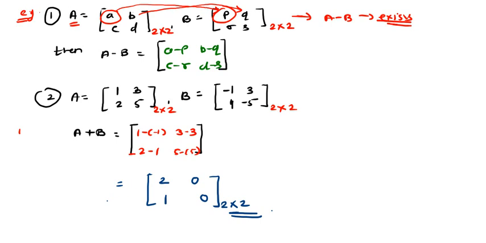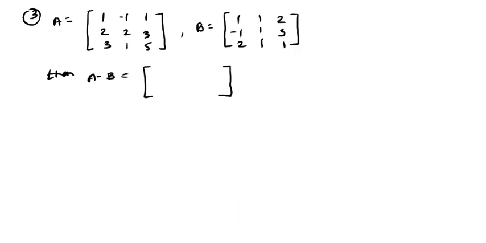Okay, now we will see the next example. Suppose we have this matrix of order 3 by 3 and this is again a matrix of order 3 by 3, then what will be the subtraction? We will subtract the corresponding elements. So this 1 will get subtracted with this 1, so 1 minus 1 will be 0.